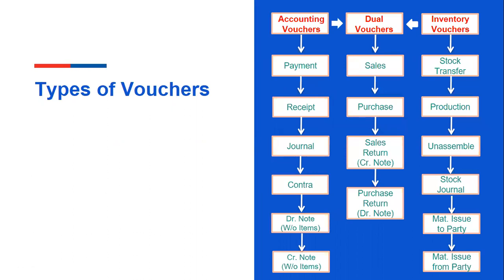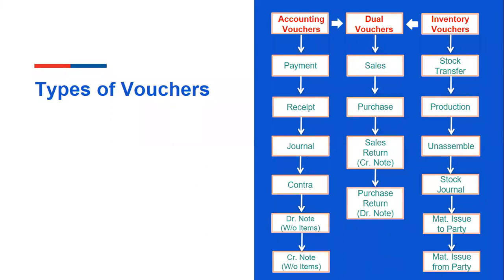Accounting vouchers are payment, receipt, journal, contra, and debit note and credit note without item. These vouchers belong to accounting, because if you record the transaction in them, then accounting will be affected, but inventory will not.